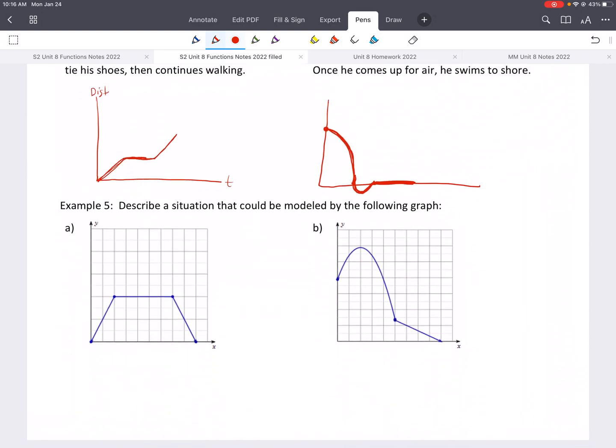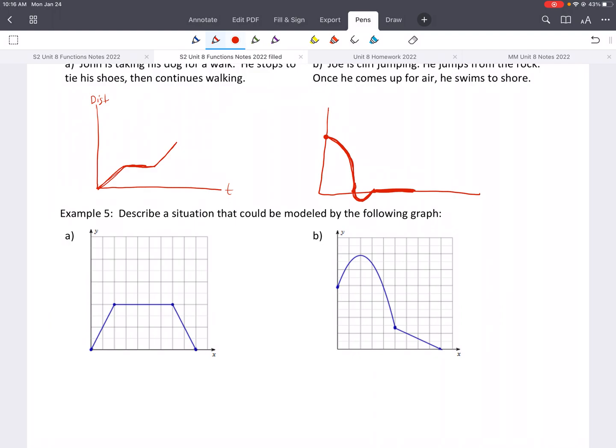All right, and then vice versa, being able to come up with some examples that can model a piecewise graph. So here, there's lots of ways you could do this. For A, maybe we could just talk about a couple. It could be an airplane that takes off, reaches its max altitude, and comes and lands. Okay, that could be an option.